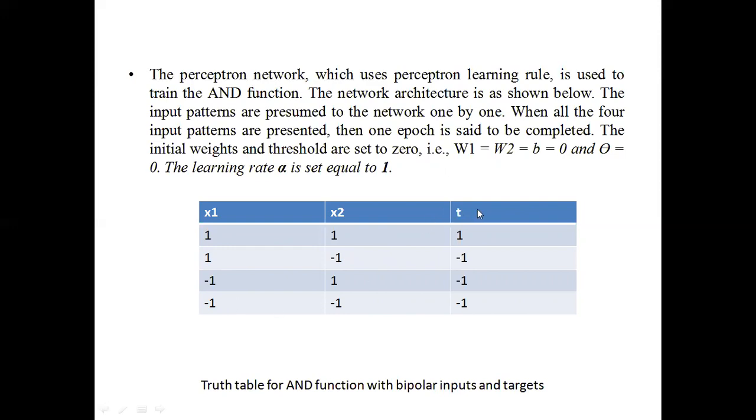And what is the t? T is our actually target output. So we know in case of the AND function, if both the cases are true, then the output will become true. So therefore when the value of x1 is equal to 1 and the value of x2 is equal to 1, then the target output will become 1.